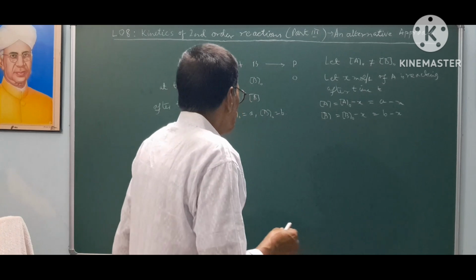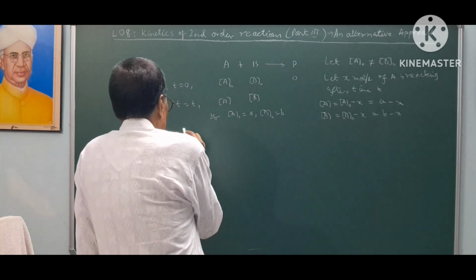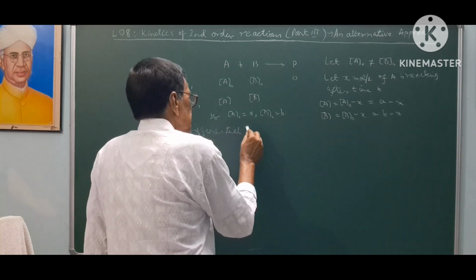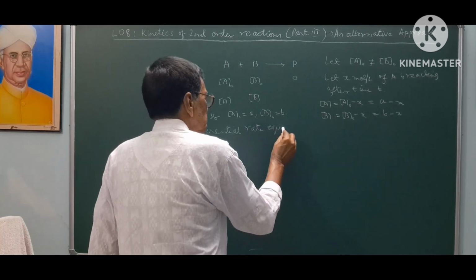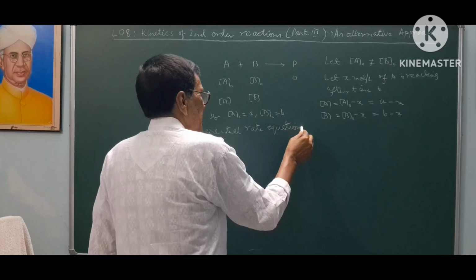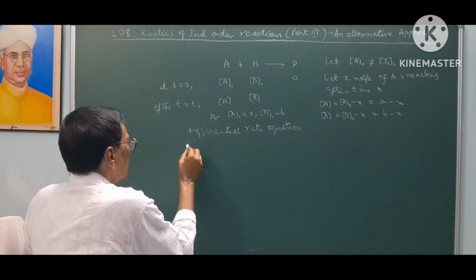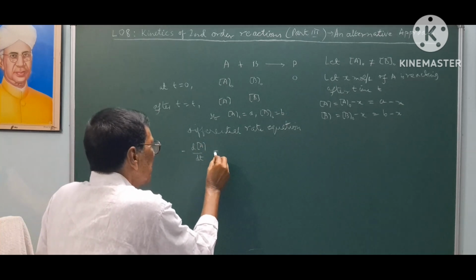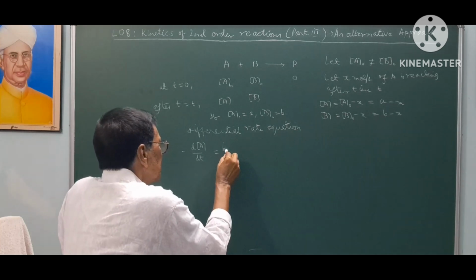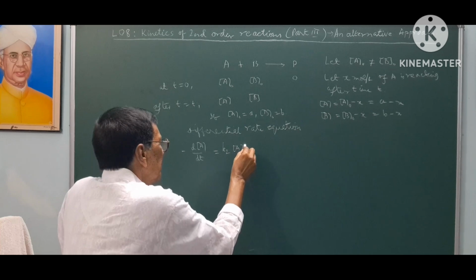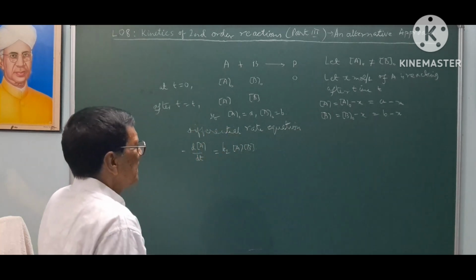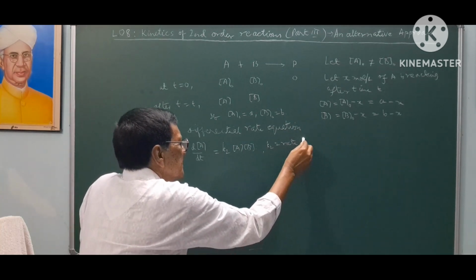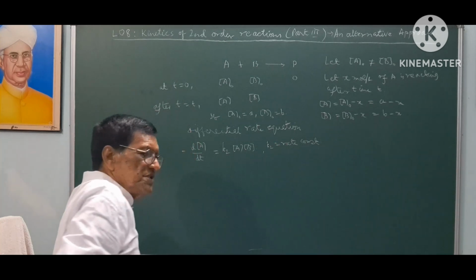So the differential rate equation of this reaction is minus d[A]/dt equal to k2 [A][B]. k2 is the rate constant of this reaction, which is a very important term.